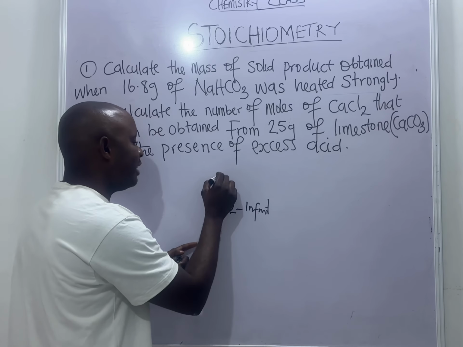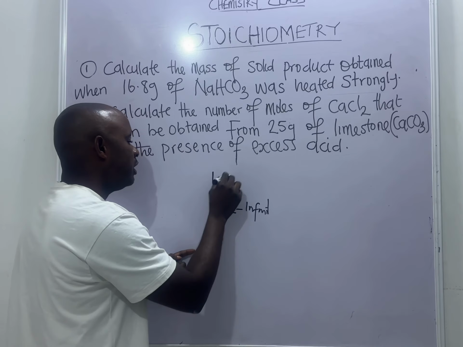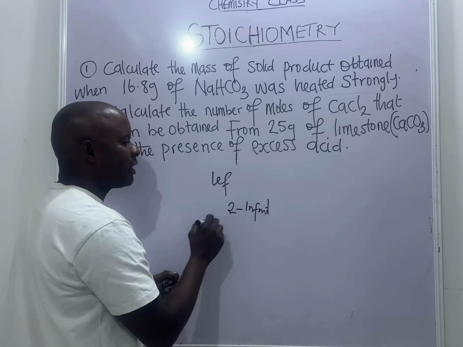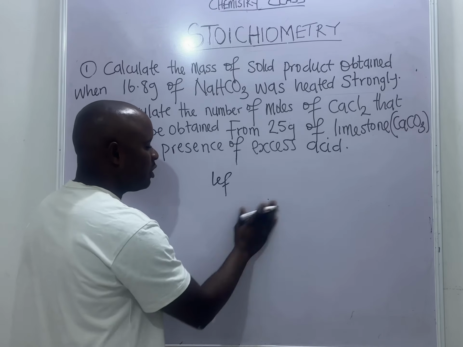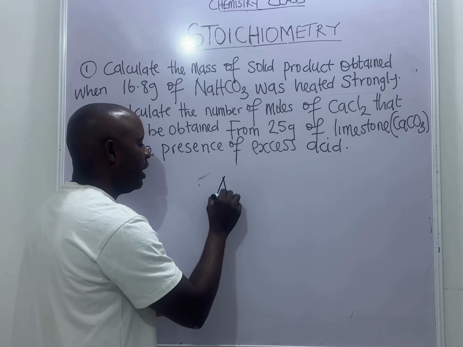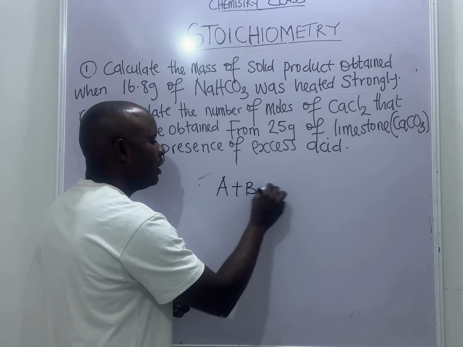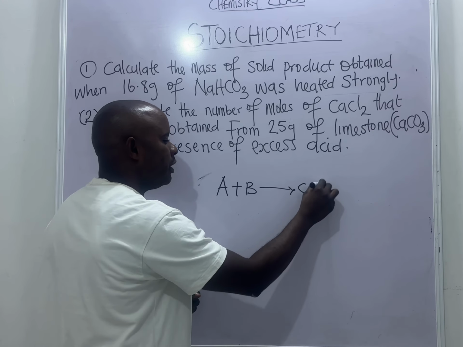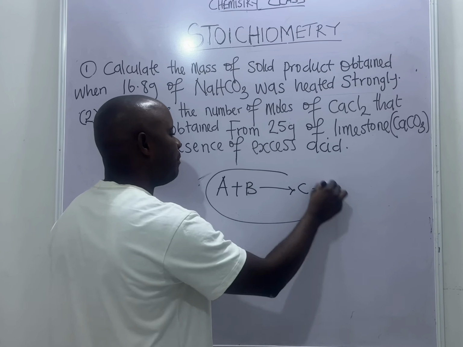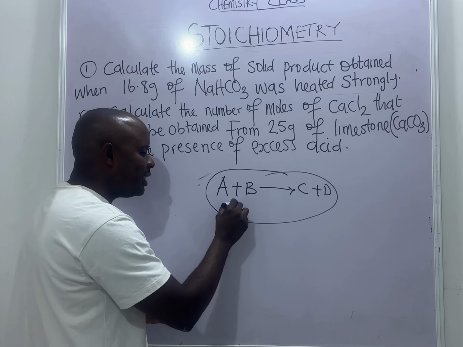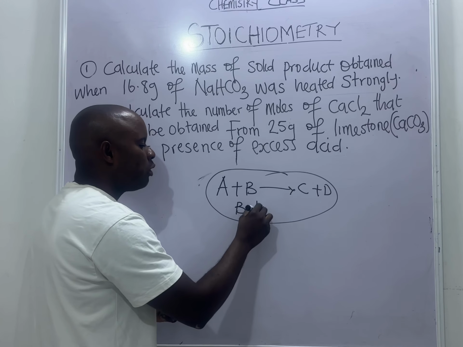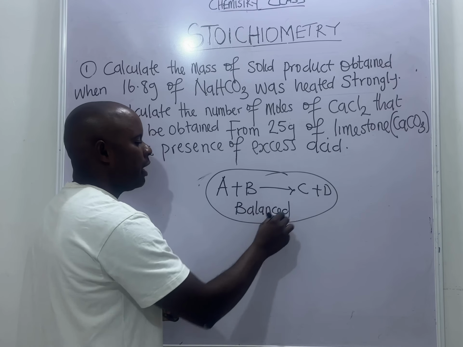The one at the left hand side is the reactant, while that at the right hand side is the product. Let's use a hypothetical equation A plus B to give C plus D. For us to know the amount of these substances, the first step is that the chemical equation must be balanced.